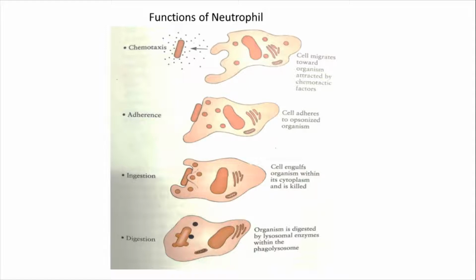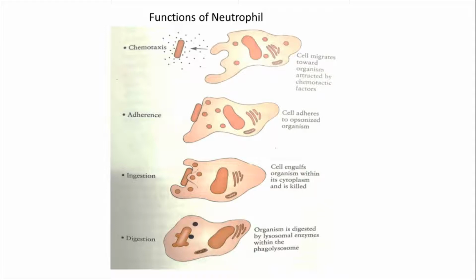After ingestion, the ingested bacteria get digested by enzymes. Those enzymes are present in the granules of the neutrophils. You know very well, because we call neutrophils granulocytes. Primary granules are there, secondary granules are there, tertiary granules are there.